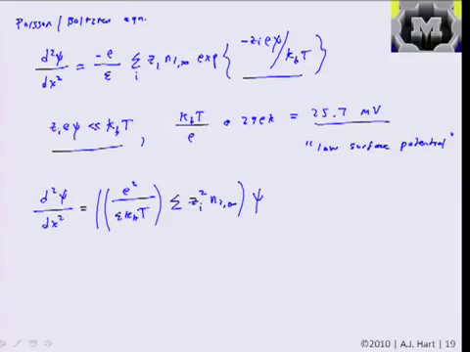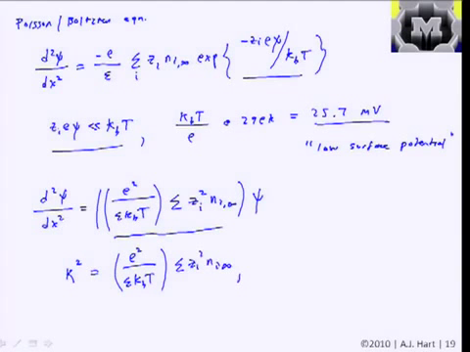And so now we'll define a quantity that we call kappa, where we'll say kappa squared is equal to basically the chunk of stuff we have up here, which is e squared divided by epsilon times the thermal energy times the sum of Z_i squared and c_i infinity. And then our equation is simply the second derivative of psi is equal to kappa squared times psi.